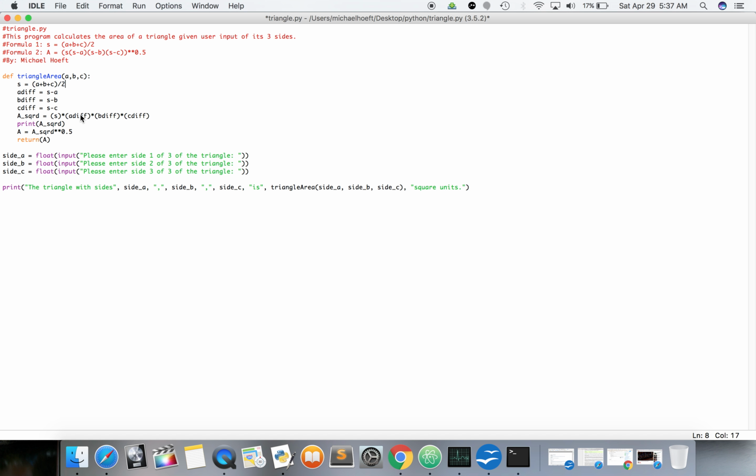So S is a string. It's a float. It's a string. It's a float plus a float plus a float divided by 2 equals S. That should be it.